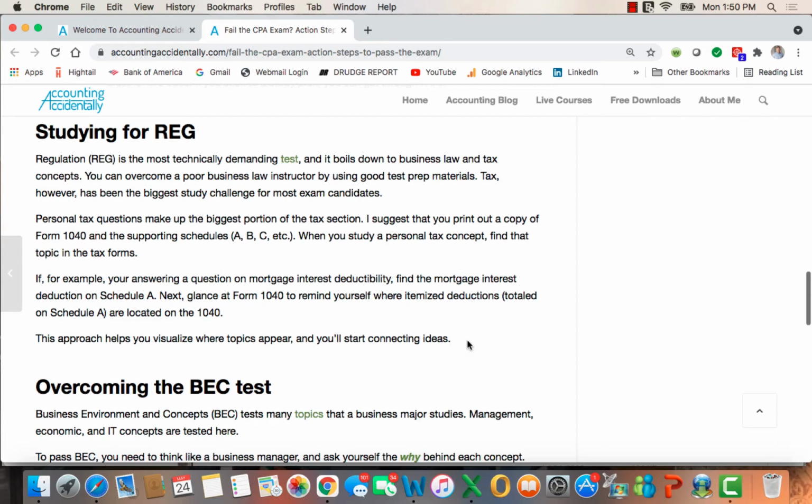If, for example, you're answering a question about mortgage interest deductibility, find the mortgage interest deduction on Schedule A and then glance at the 1040 to remind yourself where the itemized deductions are reported on Form 1040. And you're going to start again to visualize how all this stuff fits together. It was a huge hurdle for me that I didn't understand how things fit together when it came to taxes.